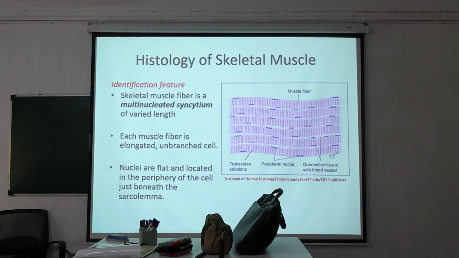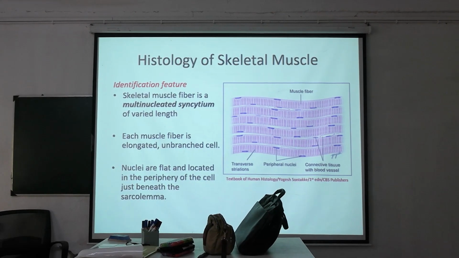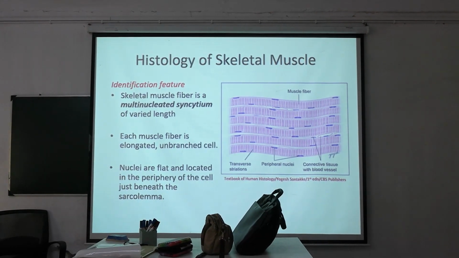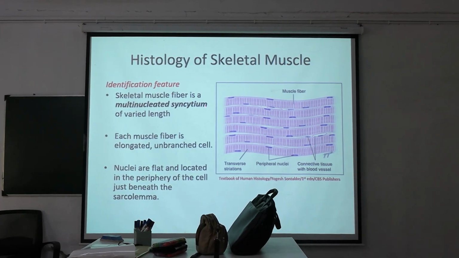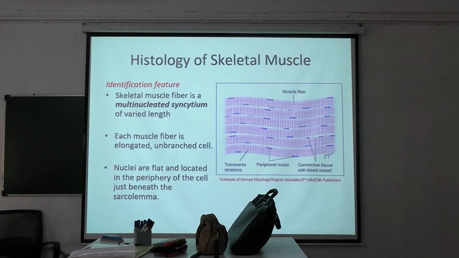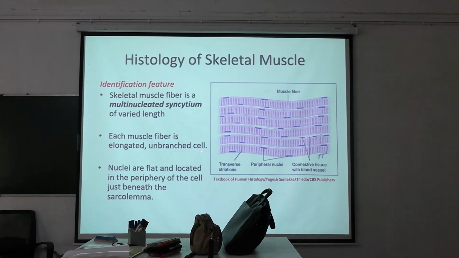Next. Now, histology of skeletal muscle, identification features. Skeletal muscle fiber is a multinucleated syncytium of varied length. Each muscle fiber is elongated, unbranched.